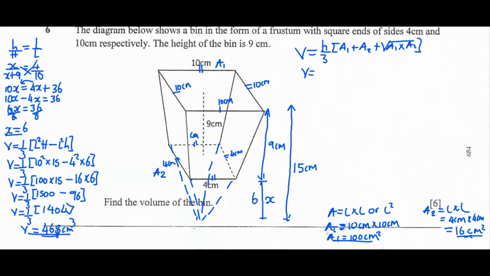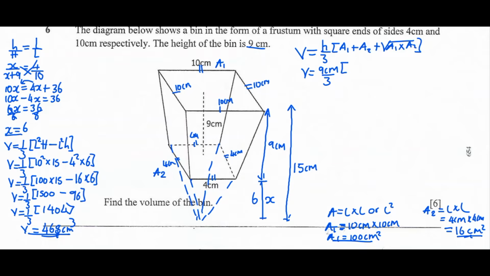So the value to put on the height, this time we are just going to use the 9 centimeters, the given 9 centimeters from the question. So we have 9 centimeters over 3.